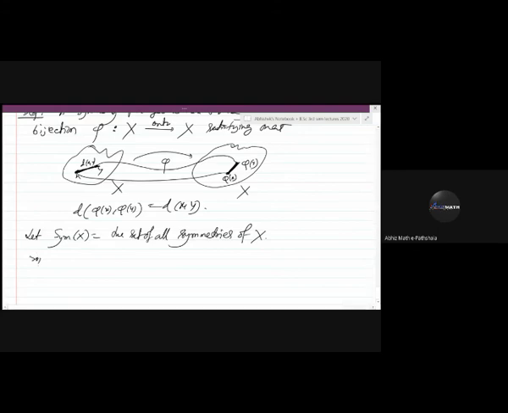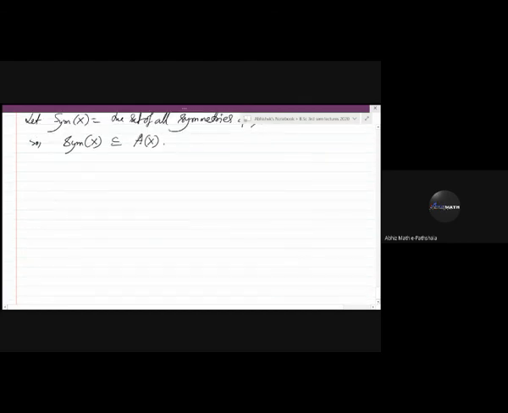So sim X is actually a subset of the permutation group of X. Okay. And one may ask a question: how do you guarantee one symmetry of a geometrical figure?